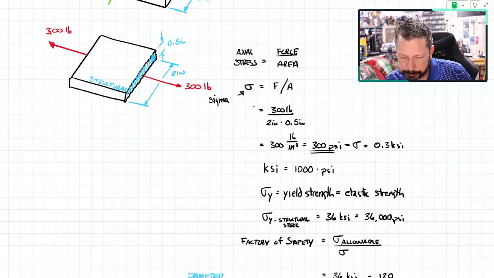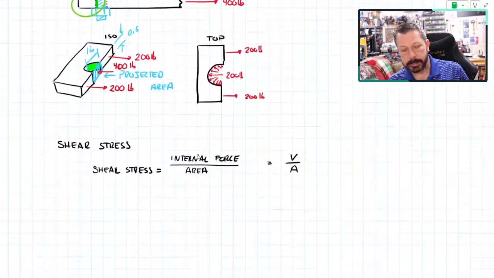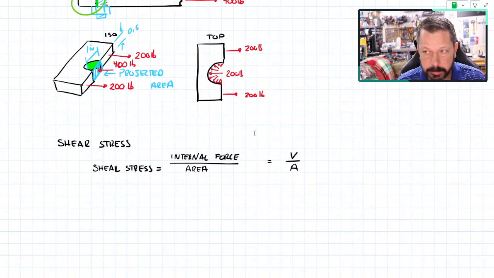So the normal stress, the force and area were perpendicular, and for the shear stress, they are not. In fact, for everything that we do, they're parallel.